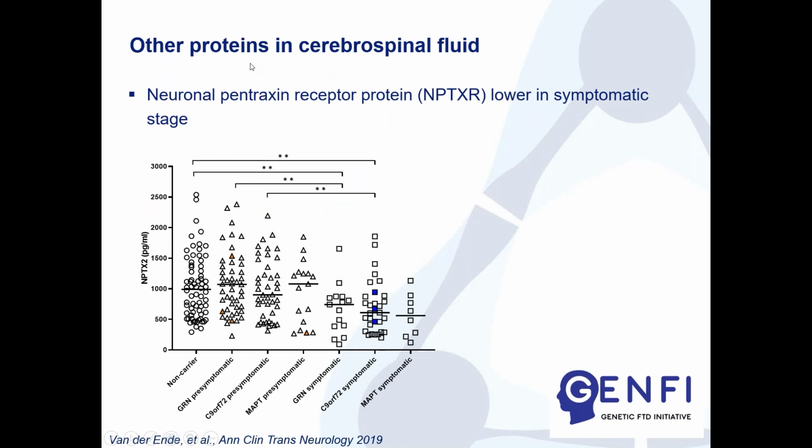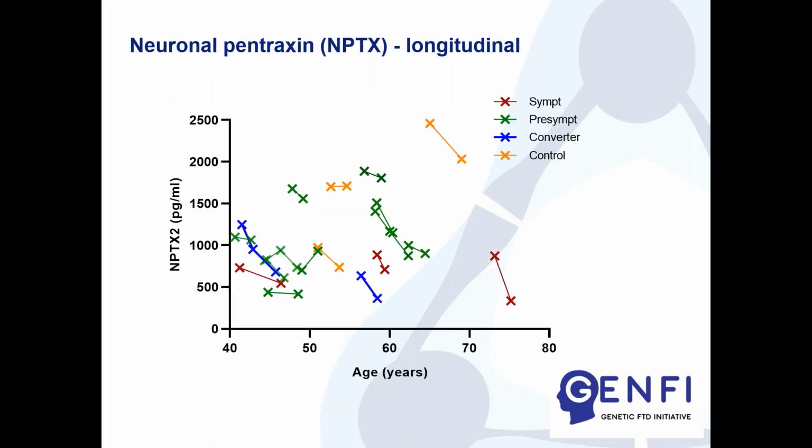A different kind of protein we looked at is the neuronal pentraxin receptor protein in cerebrospinal fluid, which was shown to be lower in the symptomatic stage of the genetic subtypes. It also correlates with brain volume in the frontal lobe.